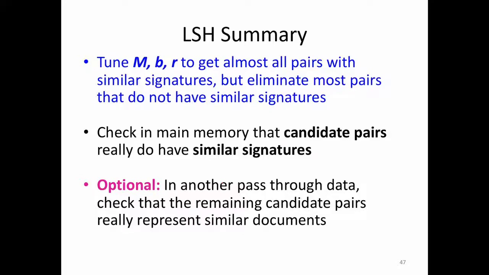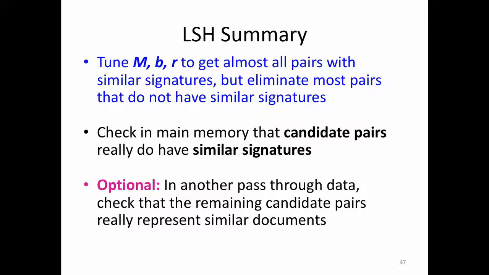Also remember that you can check to see if the candidate pairs have the same signature or not. Because of this mapping to the bucket, many times even though they don't have a similar signature, they may get mapped to the same bucket, but you can just check if they really have a similar signature or not.